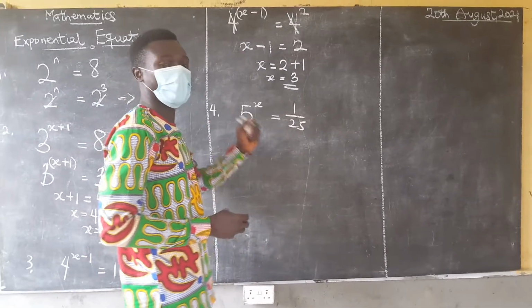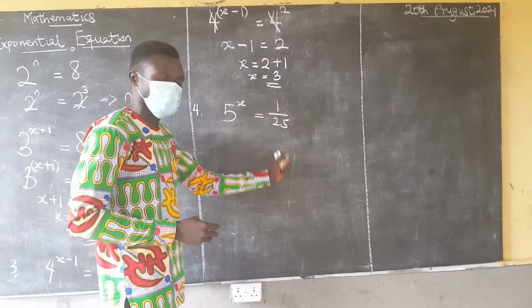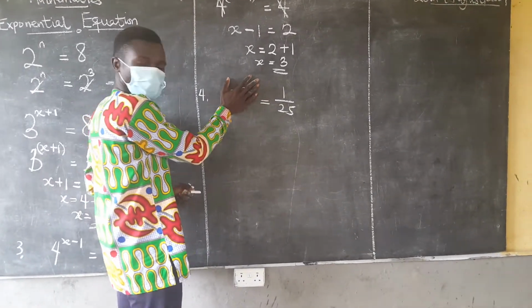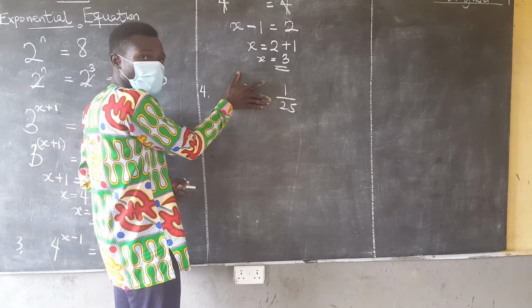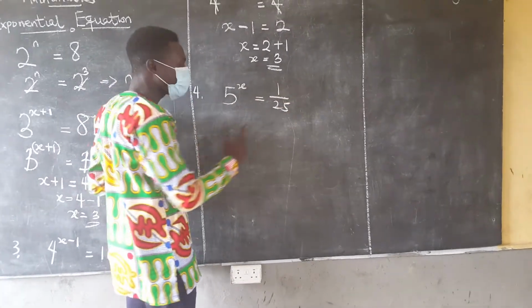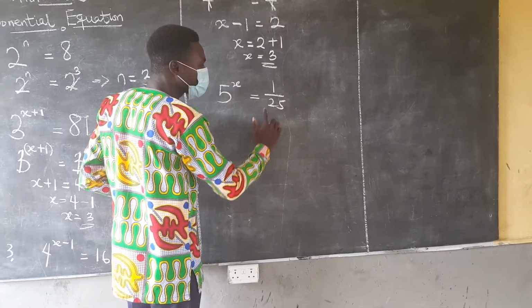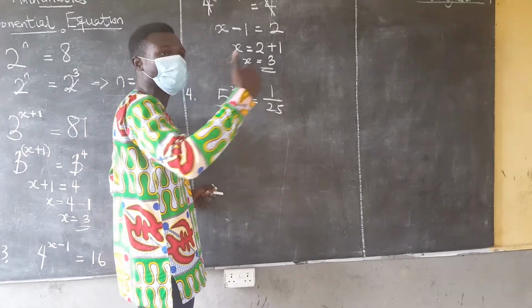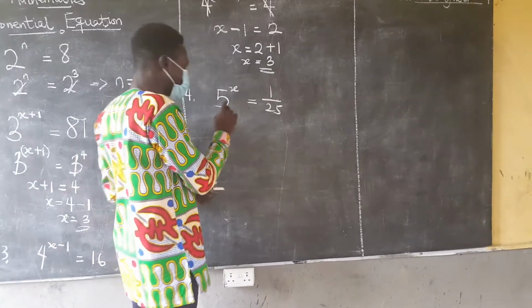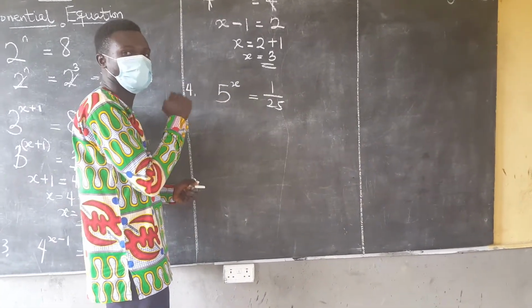Now, let's cover the 5 raised to the power x and the equal to sign. With the 1 over 25, we can say that the 25 can be written in exponential form as 5 raised to the power 2, in terms of the base, which is 5.